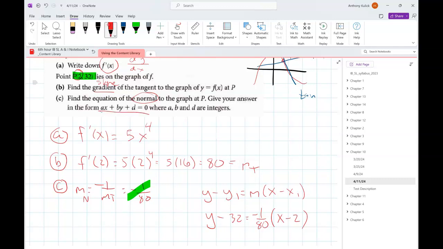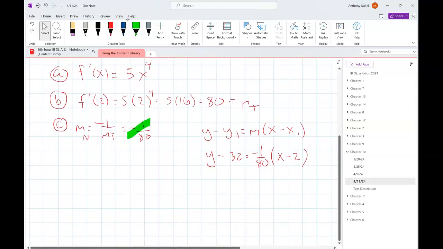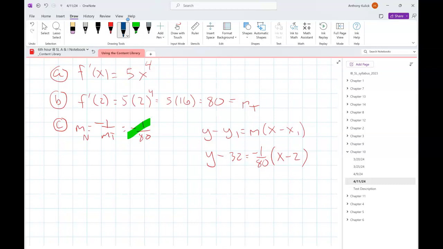Okay. Now we need to get into this form, right? I'm going to worry about this part first, that a, b, and d have to be integers, and then I'm going to do the rearranging after I've got everything integral. So what do I need to do to both sides of this equation so that all my coefficients are integers? I wouldn't distribute yet, although you can, it's not wrong.